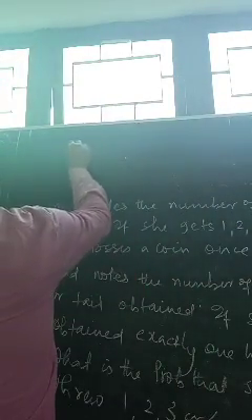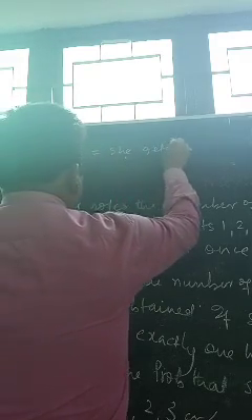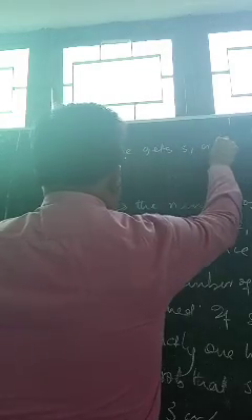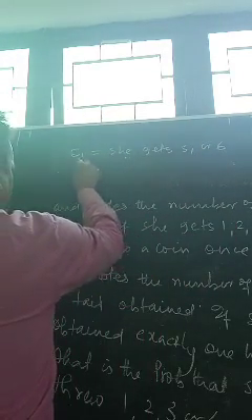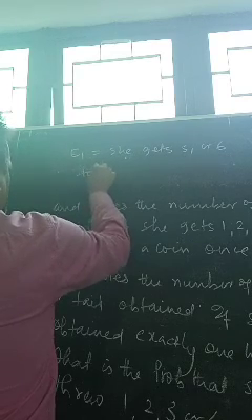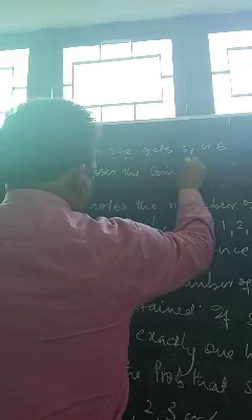What are complements? E1, she gets 5 or 6. Now tosses the coin 3 times.